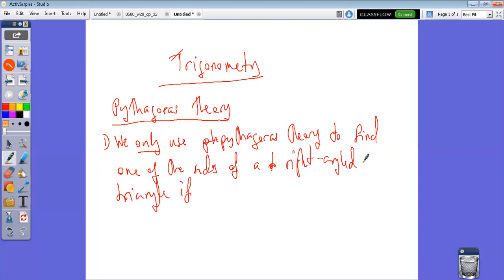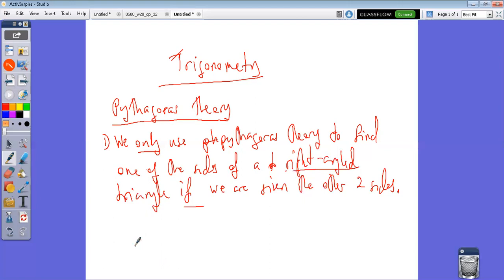If we are given the other two sides. Clear? So the keywords here: right angled triangle, then the other point, conditional, if we are given two sides.